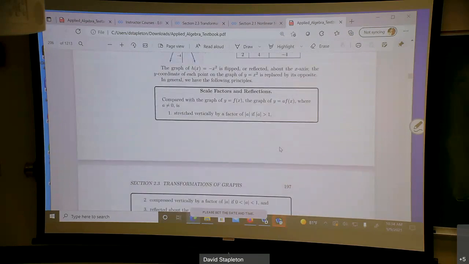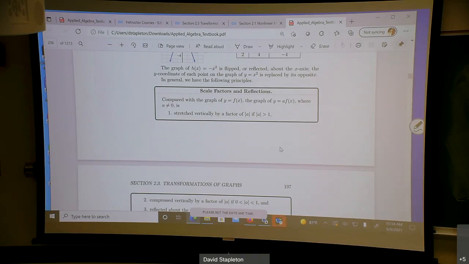All right. The graph of y equals a times f of x, where a is a number, is the graph of y equals f of x, except it's scaled by the factor absolute value of a.